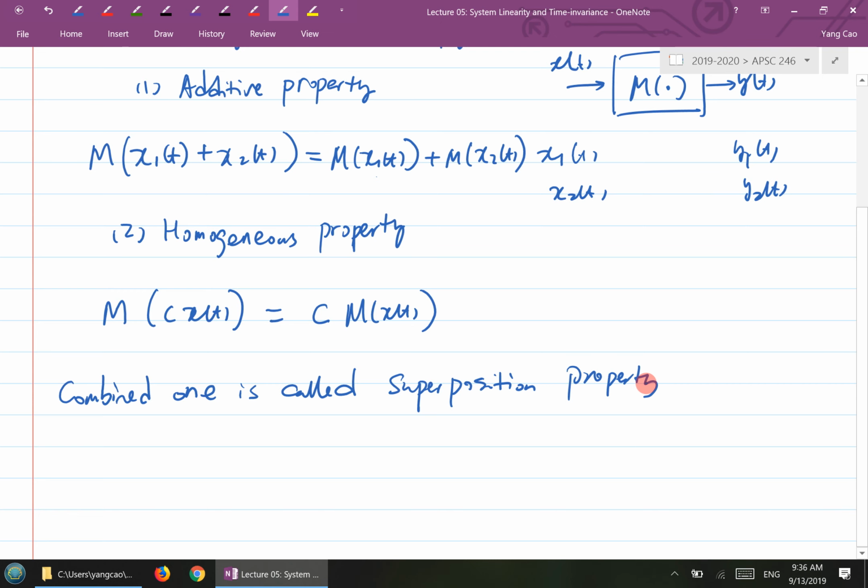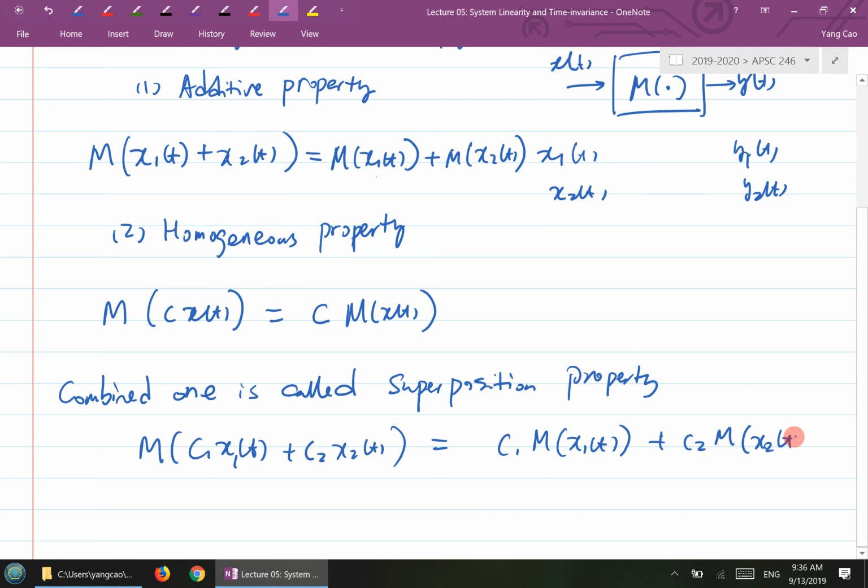This property says when you scale up x1 and x2, and then put them as a new input, it should satisfy the following. So that's a quick recap of what a linear system is.